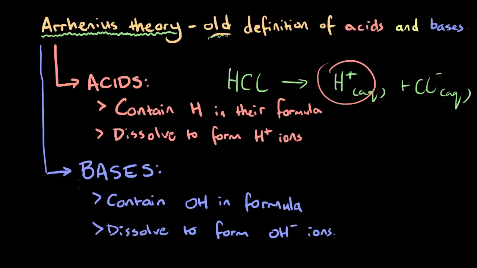As for what makes a base, Arrhenius said that bases are substances that contain OH in their formula, and they dissolve in water to form OH- ions. So another great example of an Arrhenius base is sodium hydroxide.